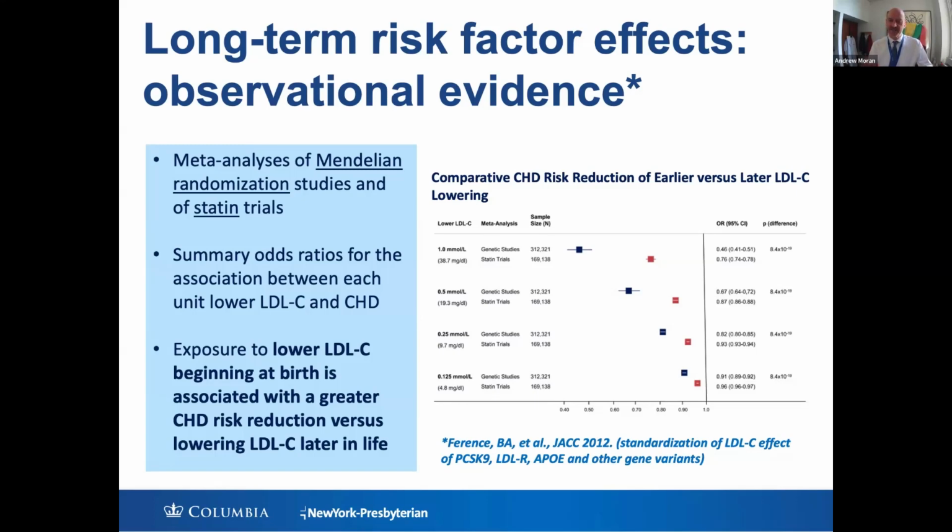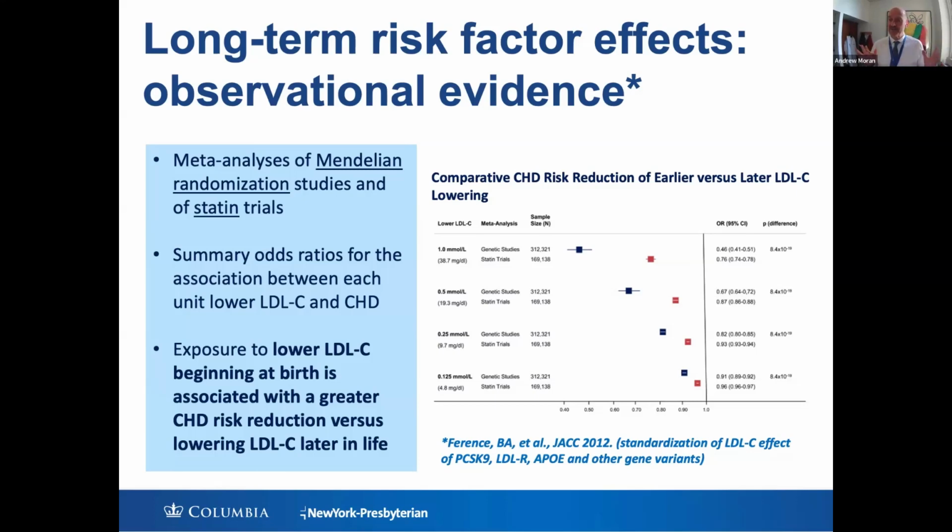What they did in this analysis, on the far left, there's a list of the unit change in lower LDL cholesterol. That's been standardized. So whether it's the statin trial or the genetic studies, they're all standardized to the same reduction in LDL cholesterol compared with either the wild type gene or the placebo in the case of the statin trial.